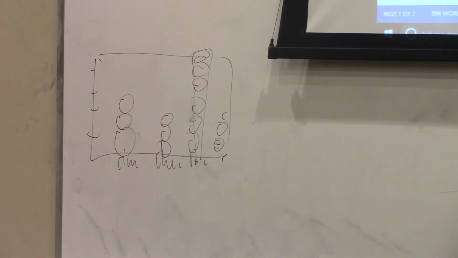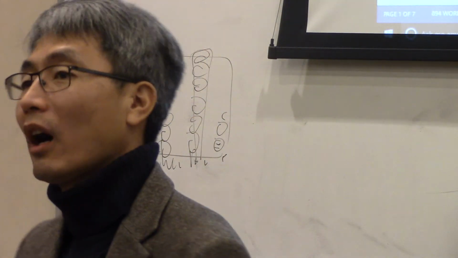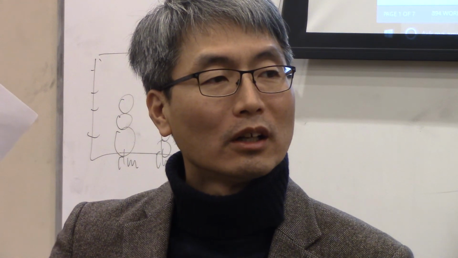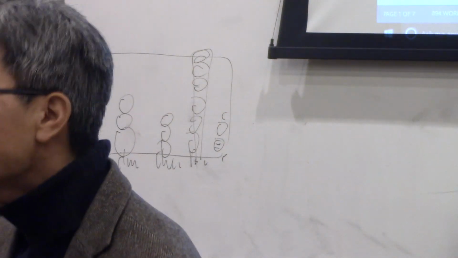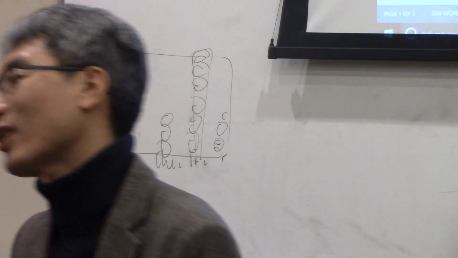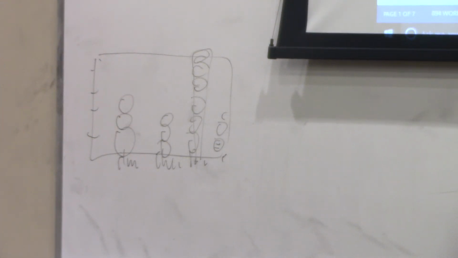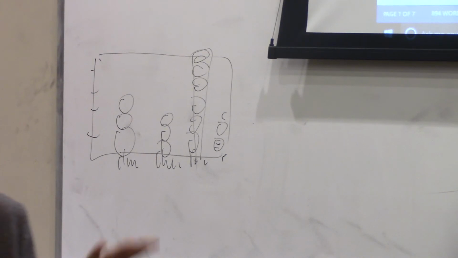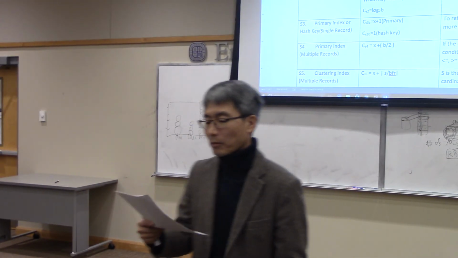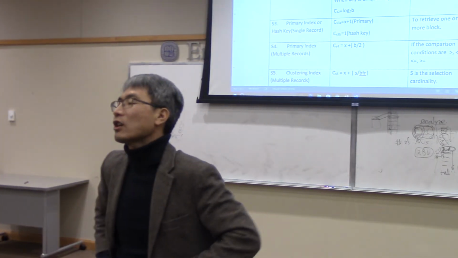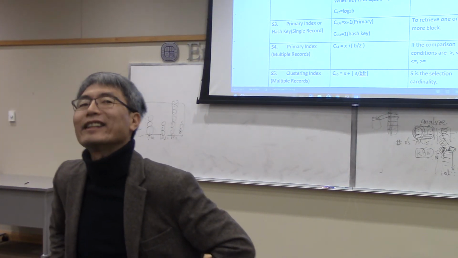So the first one is linear search. What is the cost? Our goal is to count the number of IOs. What is the IO unit here? Keep in mind, always the block. In any computer science subject, when we talk about IO, the performance and cost of IO is based on the block. However, block sizes differ. So in this case, the block count is B, the number of blocks. So what is the cost of the linear search?